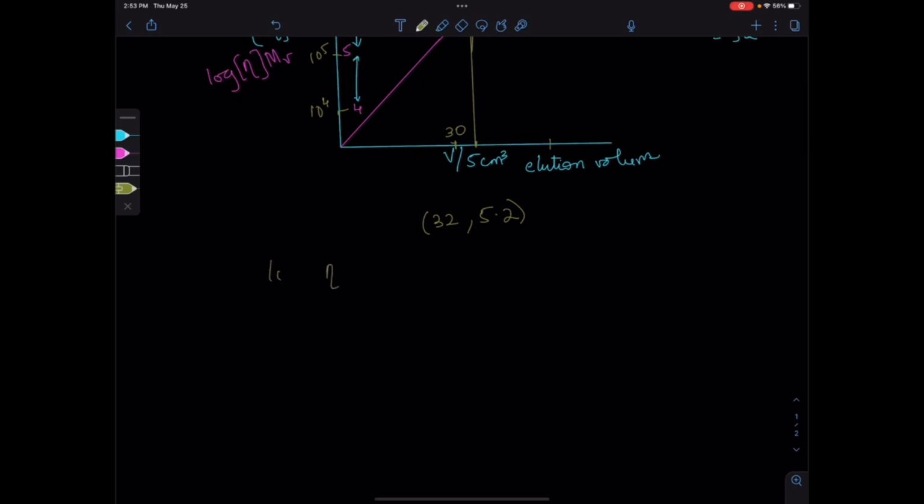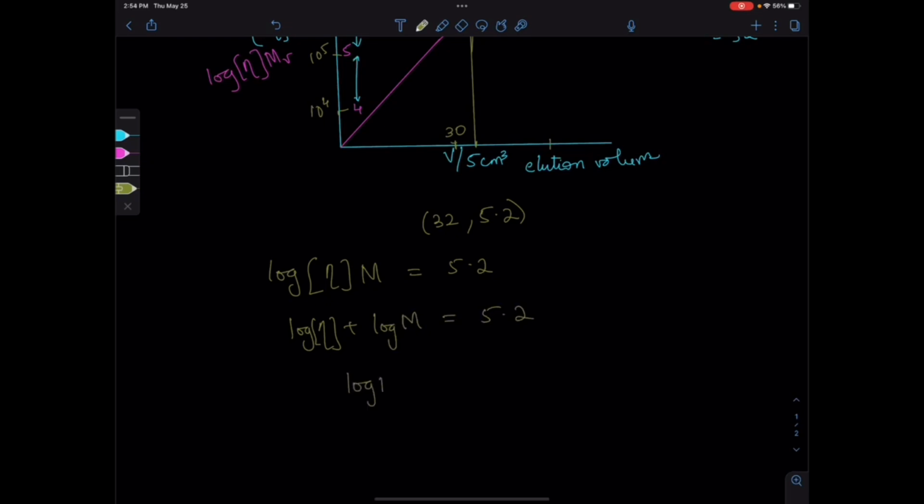Log of intrinsic viscosity times molecular weight is equal to 5.2, which means log of eta plus log of M equals 5.2.